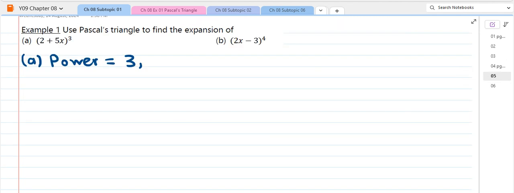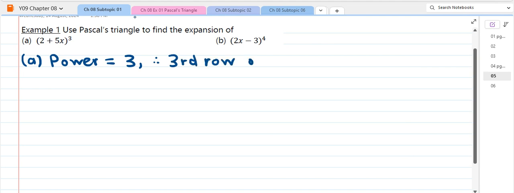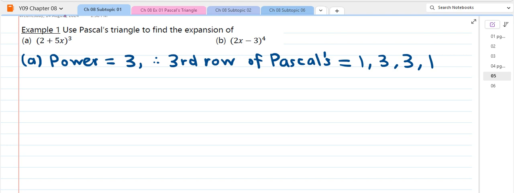So over here, just take note, therefore, it is going to use third row of Pascal's triangle. So the Pascal's triangle's third row consists of number 1, 3, 3, and 1. And take note of the A and B over here. So the A is going to be 2, and then the B is going to be positive 5x.